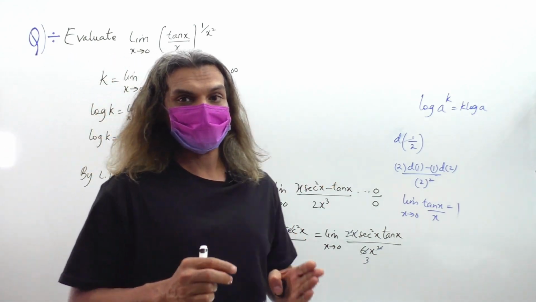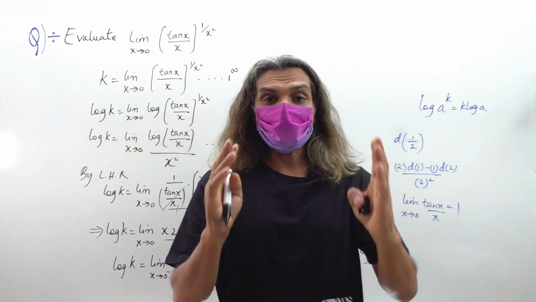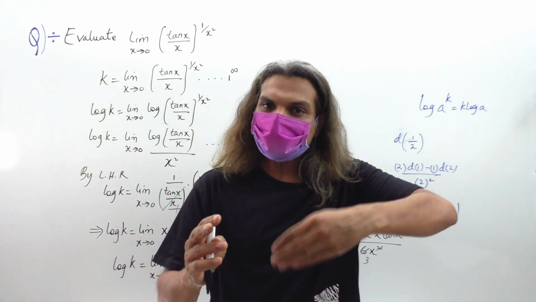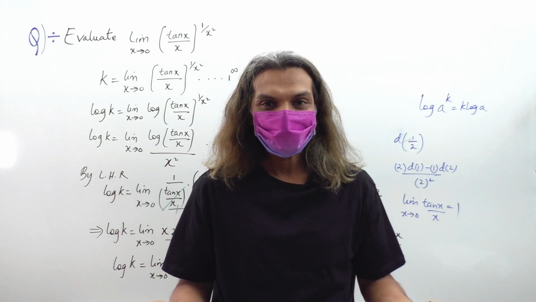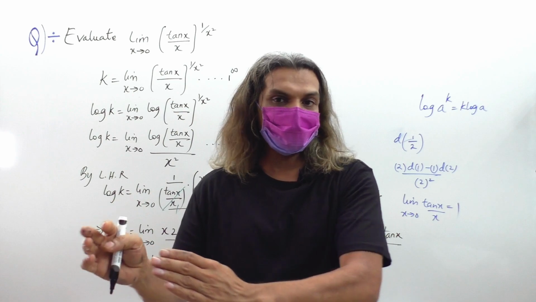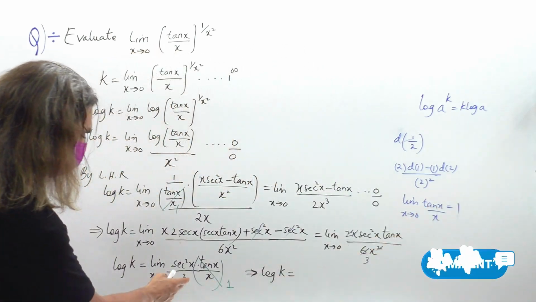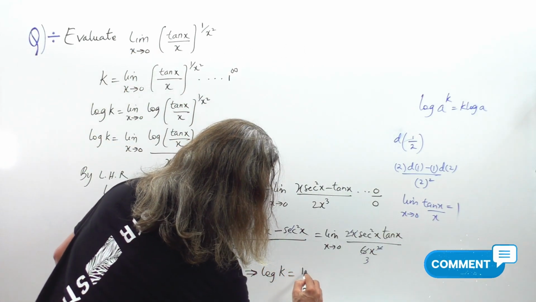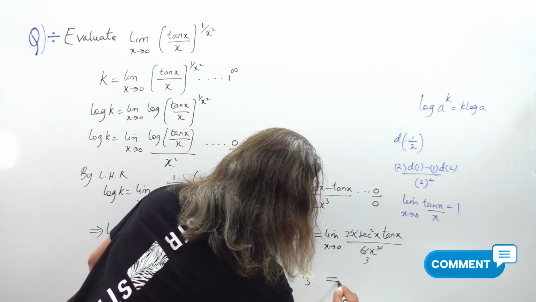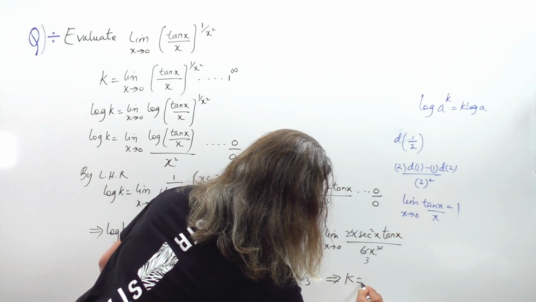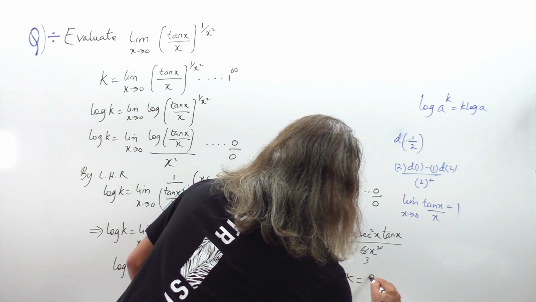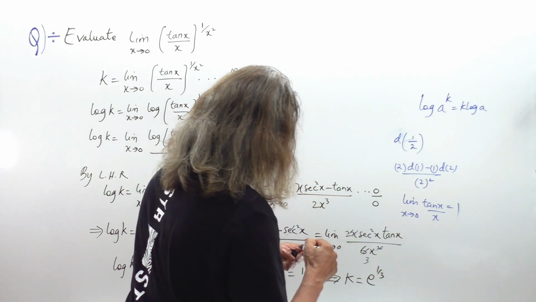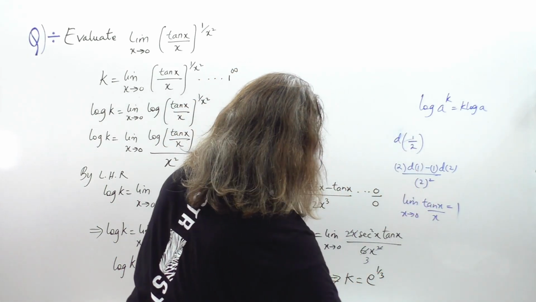Cos 0 is 1, and secant is 1 by cos, so secant 0 is also 1. Remember it, cos 0 is 1, secant 0 is also 1. So log k is 1 by 3. That implies k is equal to what? The value of k for this question is e raised to 1 by 3. That's it. This is the answer.